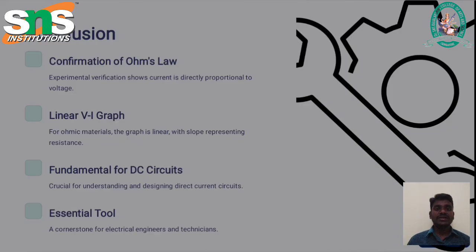If you measure the data readings and plot the graph, we will get a linear graph between voltage and current. It is fundamental for DC circuits, so we have to convert AC current into DC current. These are the conclusions for the verification of Ohm's law.